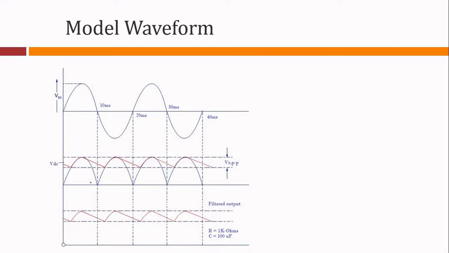If I don't connect the capacitor, I'm going to get this as the output across the load resistor, which is shown in blue color. The moment I connect the capacitor, this is what I'm going to get. This is referred to as ripple voltage, denoted as VR, and here this is the value of VDC.